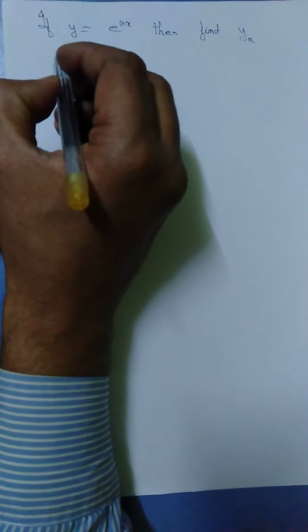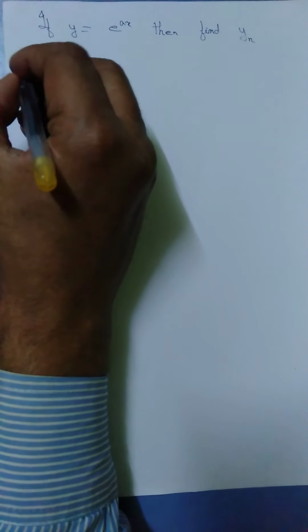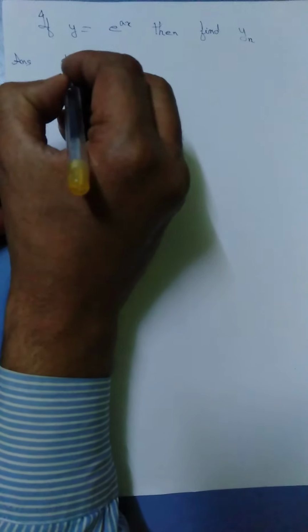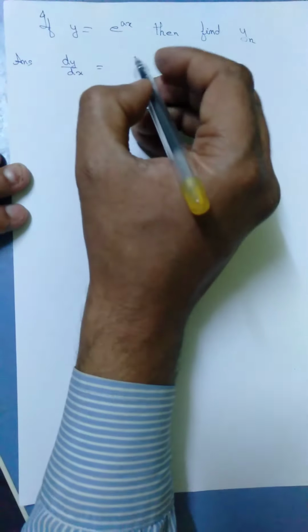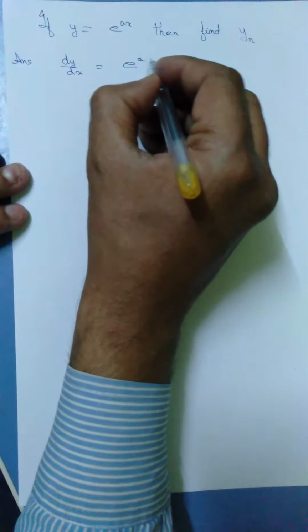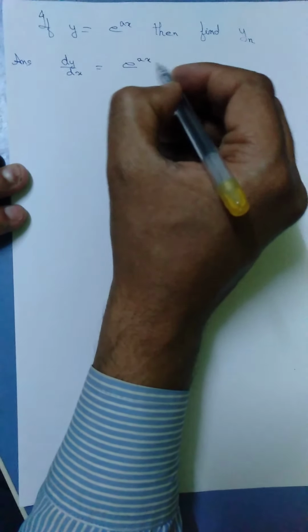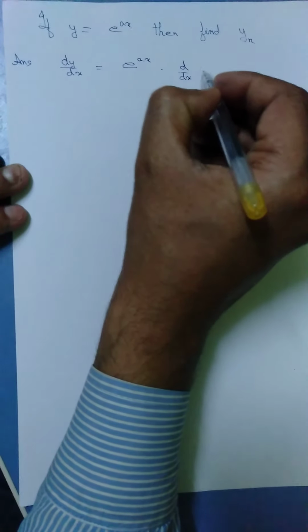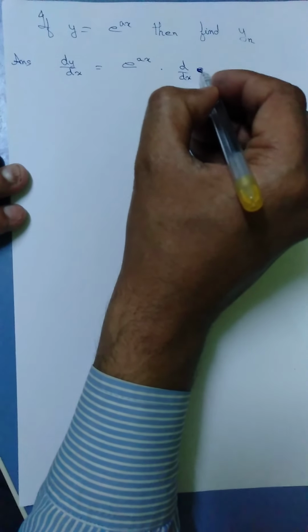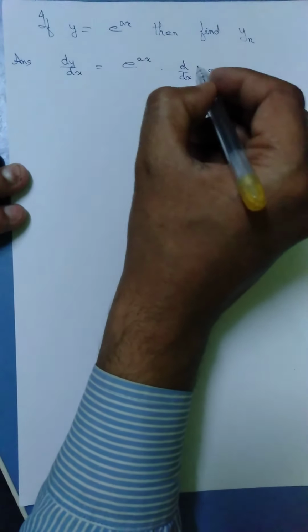Let's do it. If you differentiate both sides, dy by dx is equal to e to the power ax into d/dx of ax.